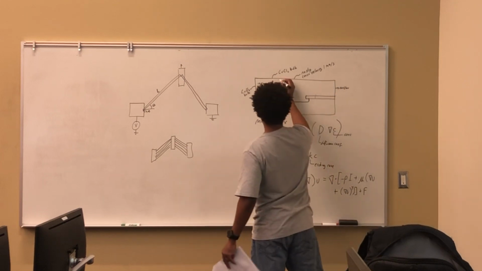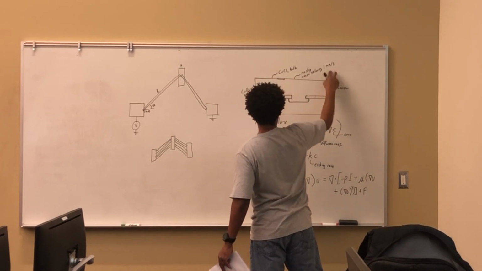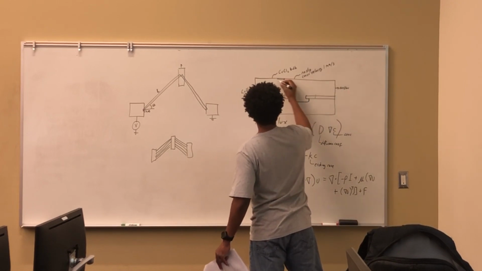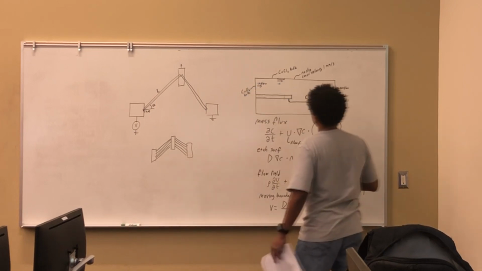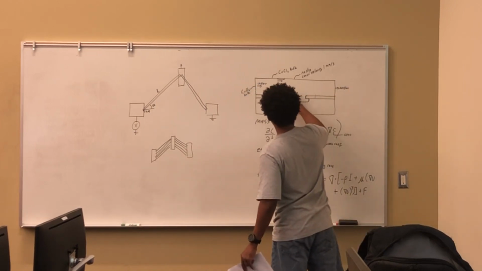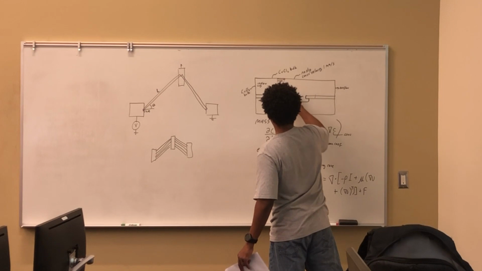So right next to the wall, you're going to have that velocity, which is going to be 1 millimeter per second. But as you move away from the wall, it gets less and less, right? And right here, it's going to be 0. That's what the profile looks like going this way.